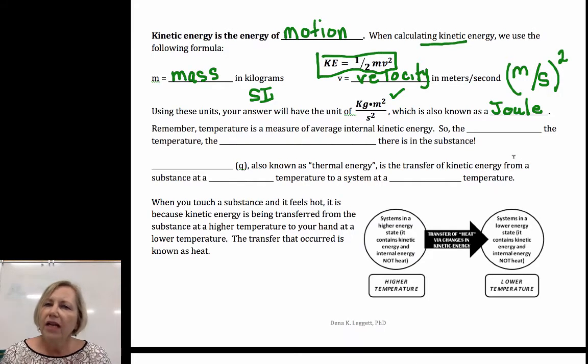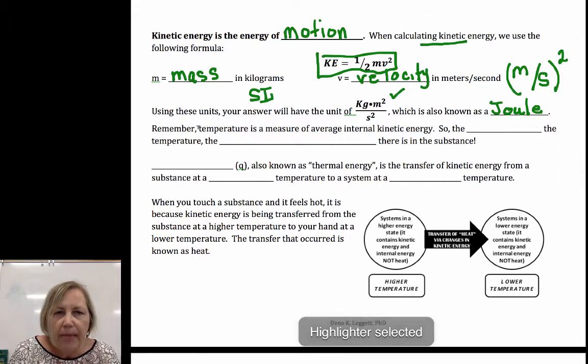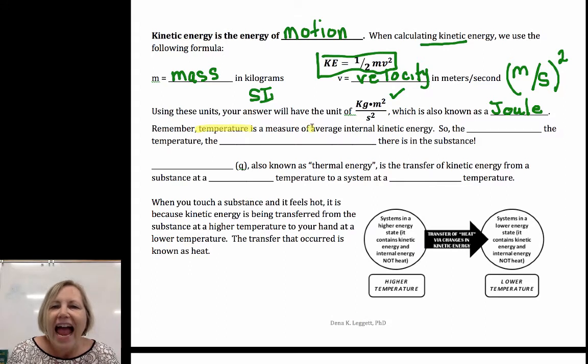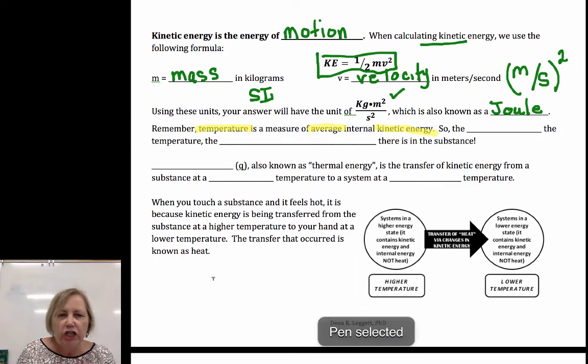Now, a lot of students don't really totally get that connection between heat, kinetic energy, and temperature. And what we find is that temperature measures average kinetic energy. So it's not measuring an exact kinetic energy.